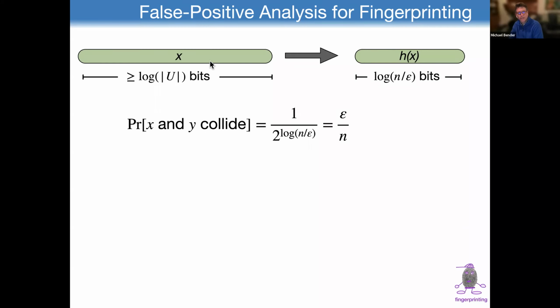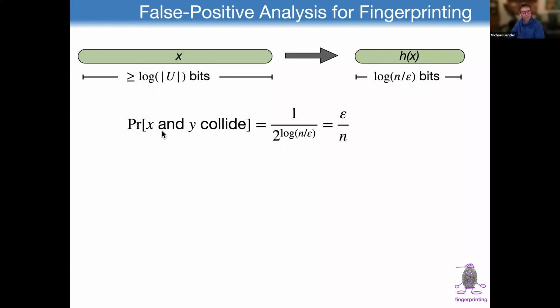Now we hash to a fingerprint, and the fingerprint is going to have log of n, the number of elements in the set, divided by the false positive rate epsilon bits.